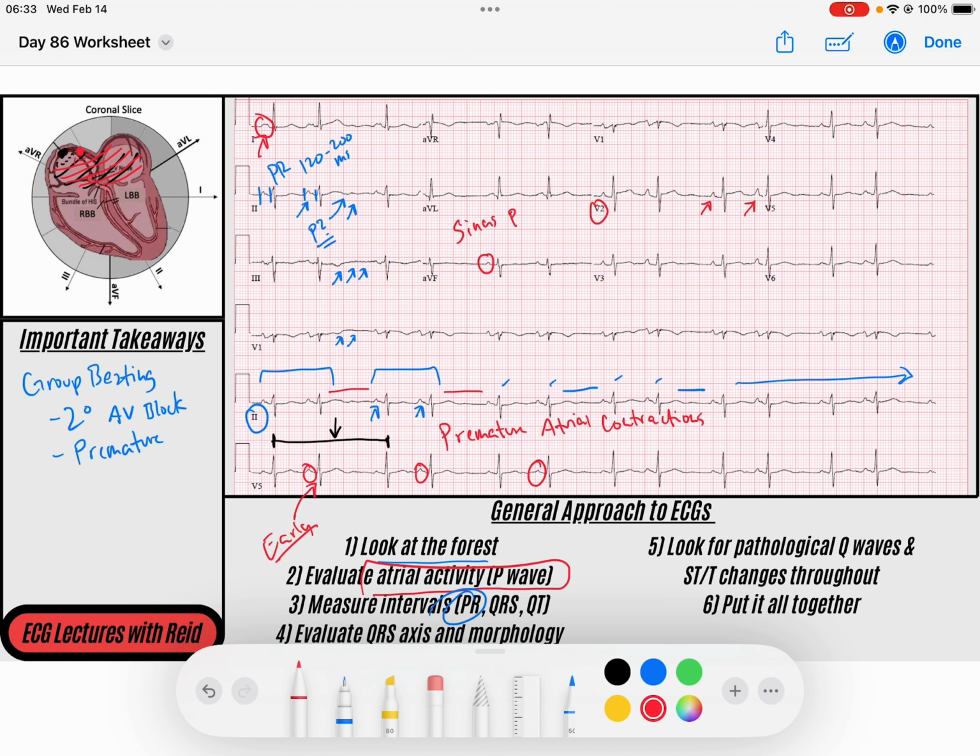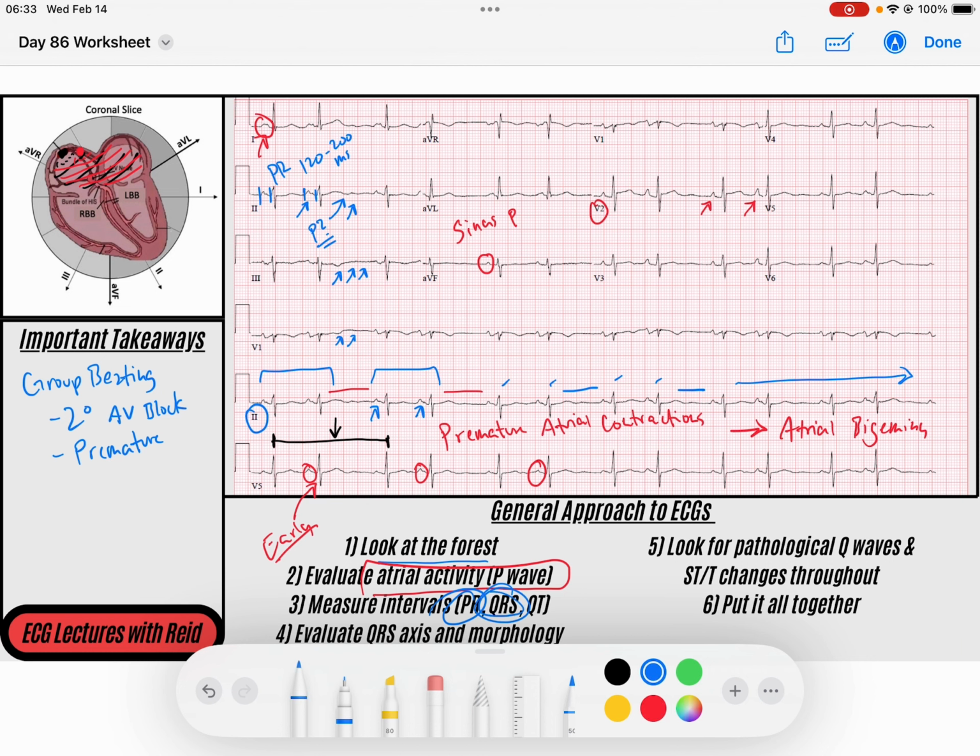Usually we see grossly different P wave morphologies. These ones are very, very similar. But we know they're premature, and we know they're atrial because the QRS is the same. And these are occurring in an every other beat pattern. And so this is atrial bigeminy. All right, so we've got atrial bigeminy.